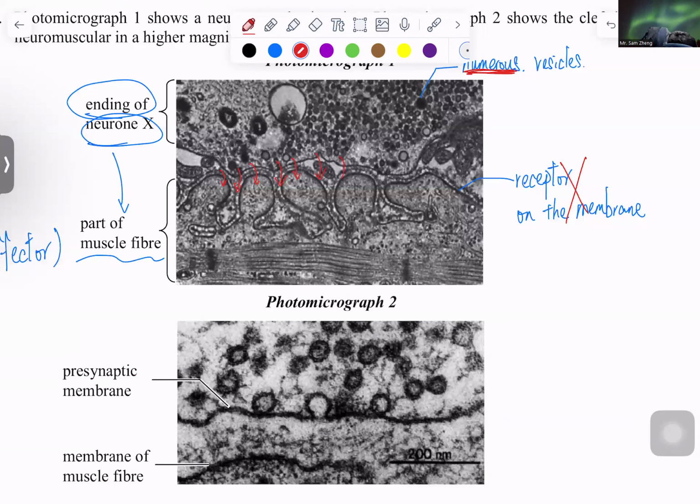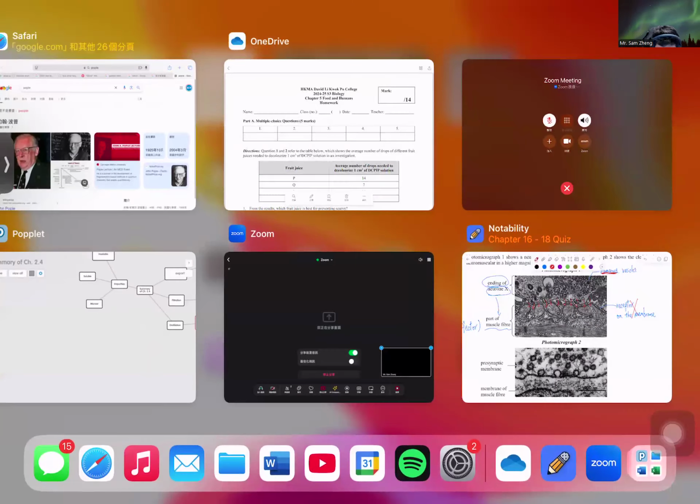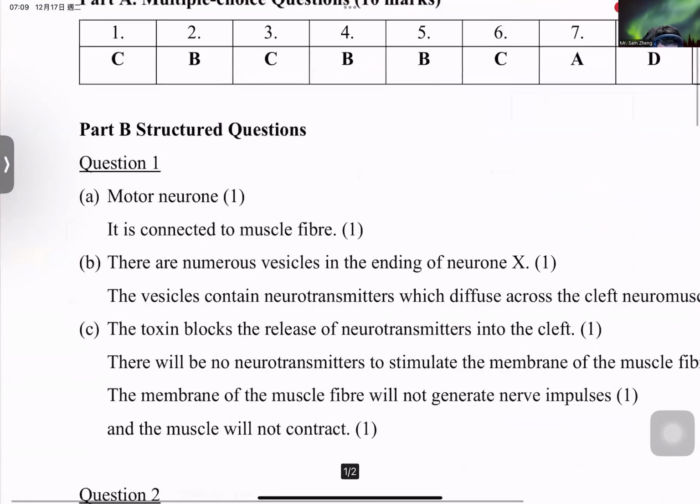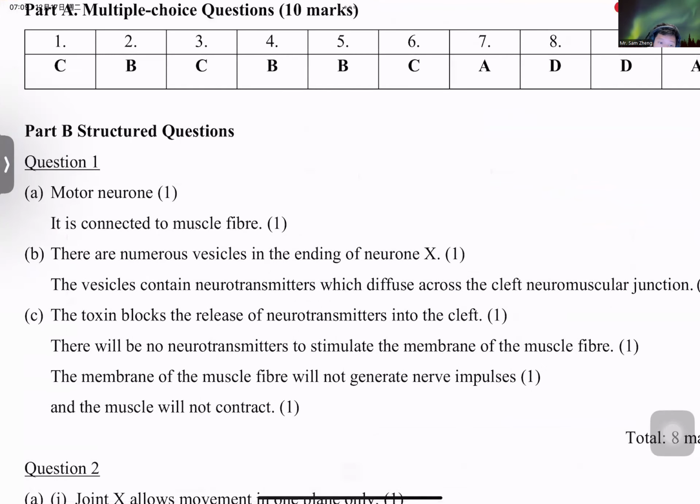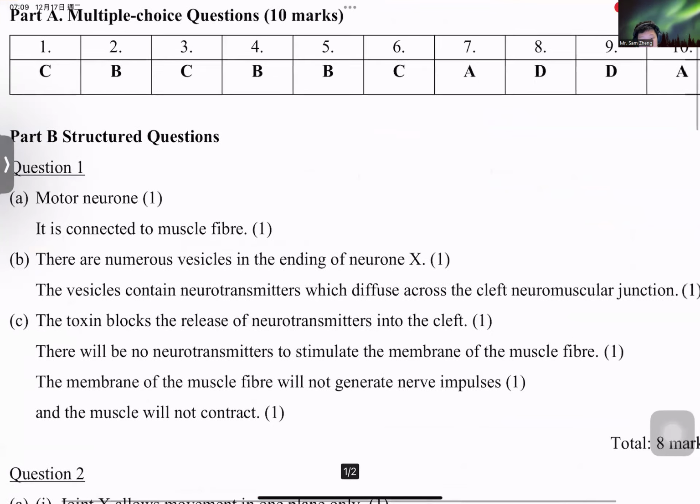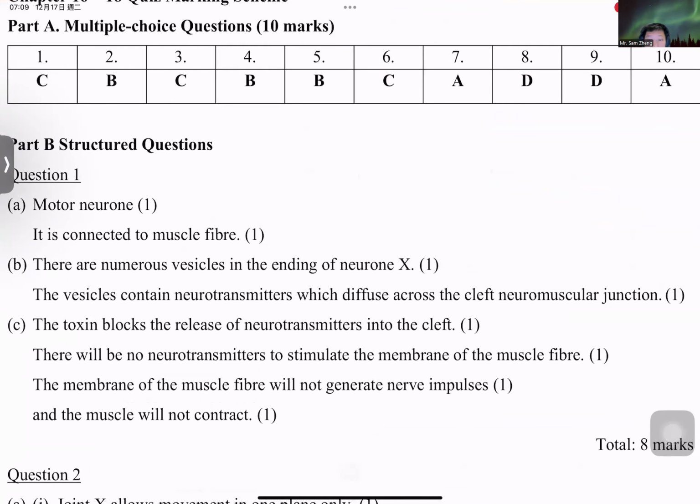As it contains numerous vesicles in the end of neuron X, the vesicles containing the neurotransmitter will diffuse across the cleft, or diffuse across the neuromuscular junction. So the second mark of question B is diffuse. You need to mention that it diffuses across the junction.